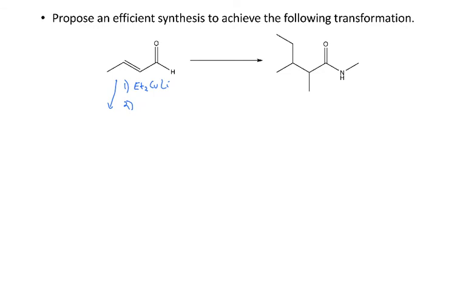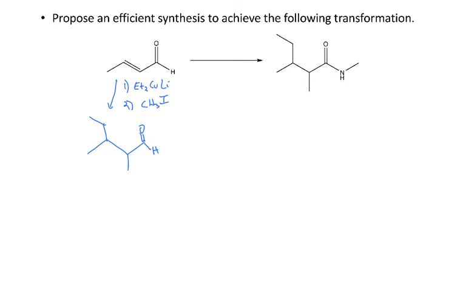Then if I don't do the water workup, I'll have an enolate, and then that can react with an alkyl halide. In this case, I want to put a methyl group on the alpha position. So that's going to give me a methyl group in the alpha position and the ethyl group in the beta position.